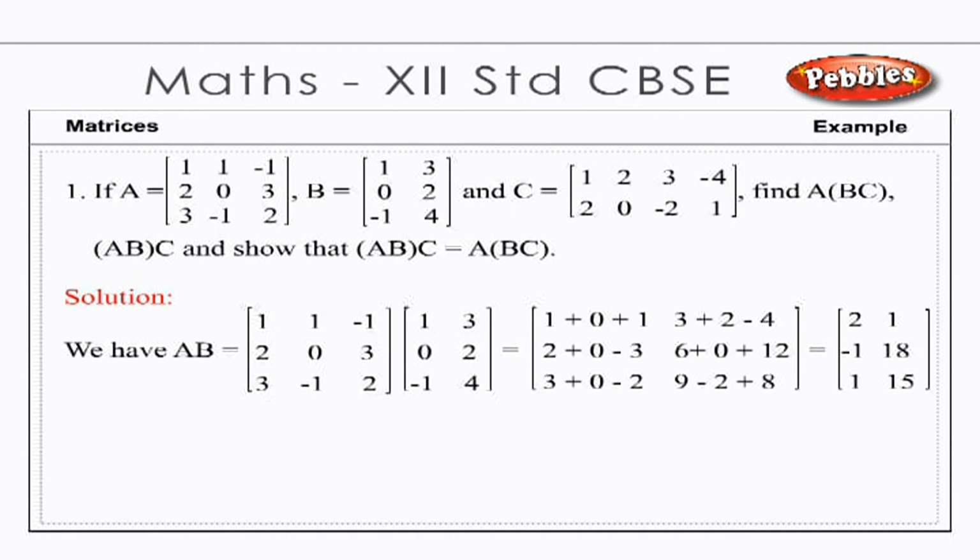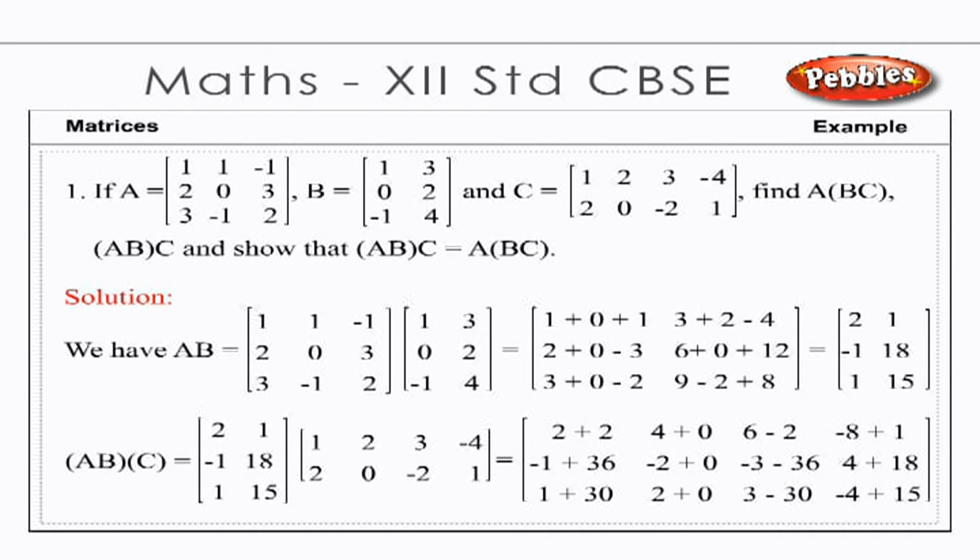We have AB is equal to matrix [1, 1, -1; 2, 0, 3; 3, -1, 2] into matrix [1, 3; 0, 2; -1, 4] is equal to matrix [2, 1; -1, 18; 1, 15].